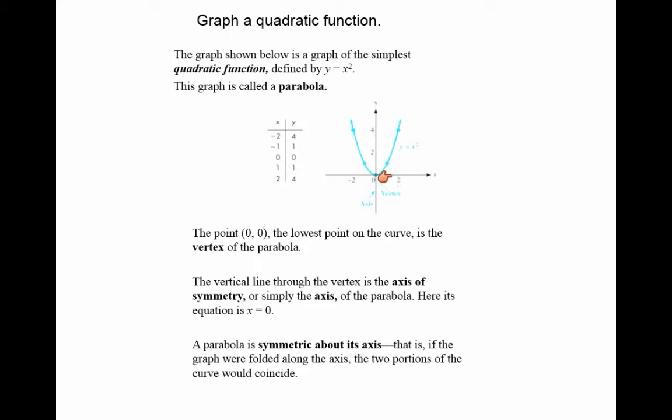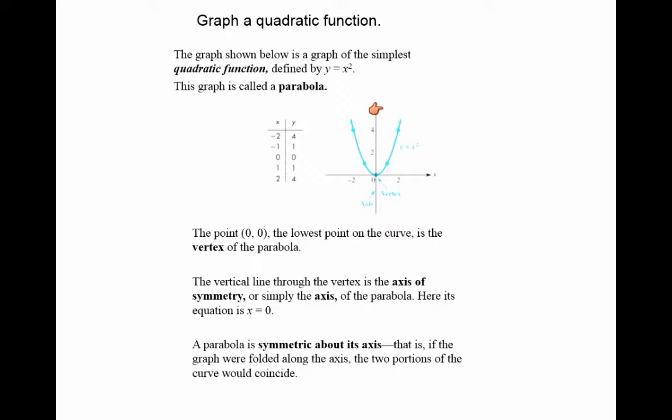The vertical line through the vertex is called the axis of symmetry. So the line that goes right through the vertex would be the line of symmetry, or simply the axis of this parabola.